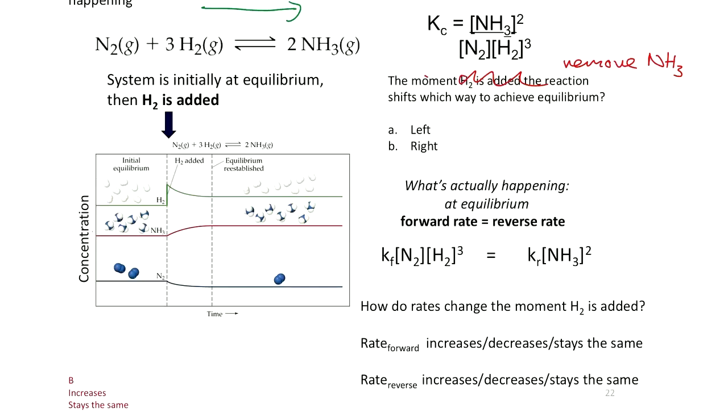But why does it shift to the product side? Does it shift to the product side because the forward rate increases? No. But doesn't increasing the forward rate shift to the products? It does, but not because of decreasing ammonia. Decreasing ammonia will only affect which rate law? The reverse one.